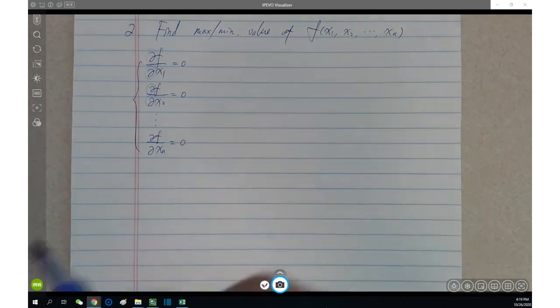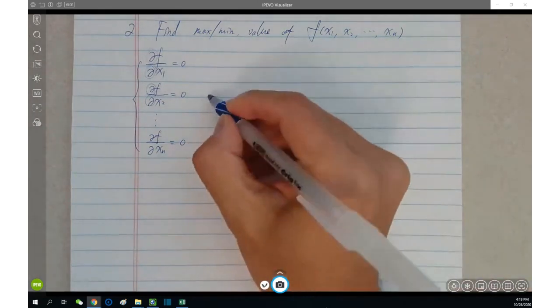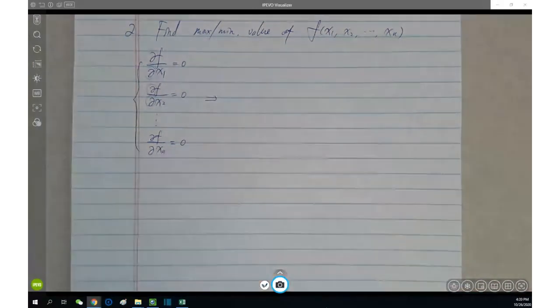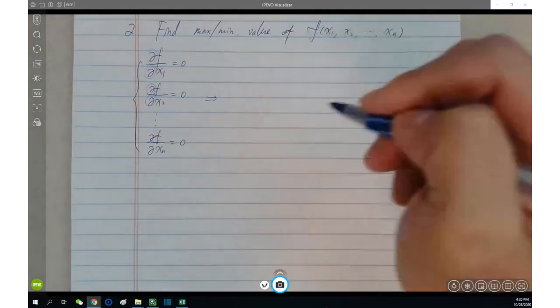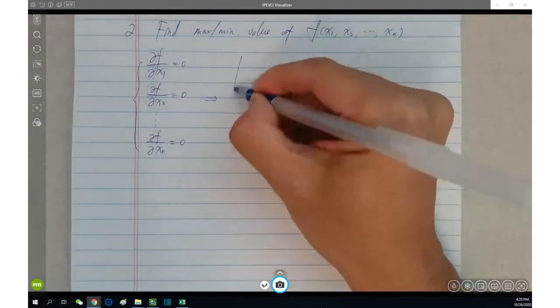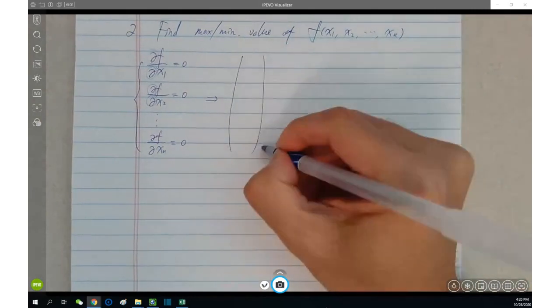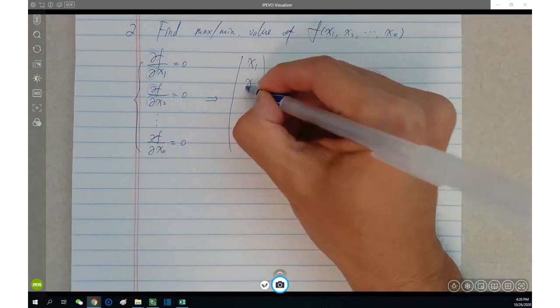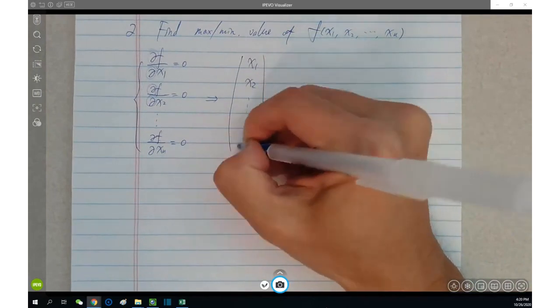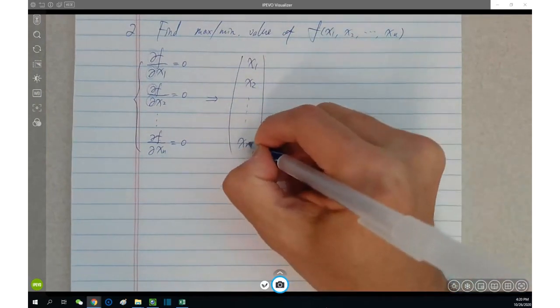And from here, if we solve the equations, we can end up with a bunch of solutions, right? And this time we're going to have, say, this is m1: x1, x2, up to xn.